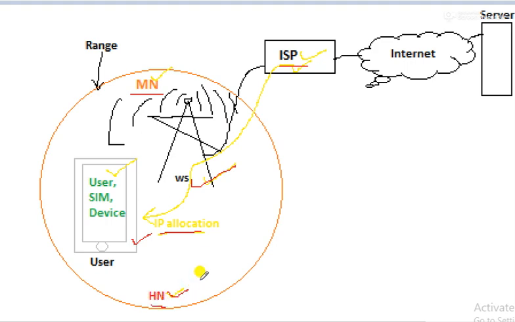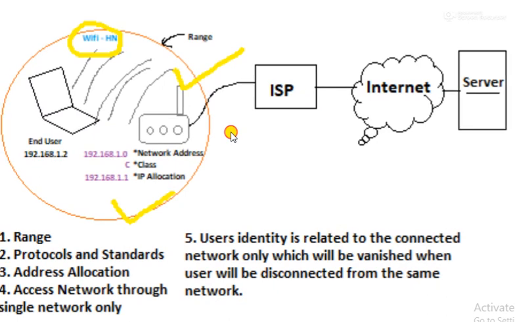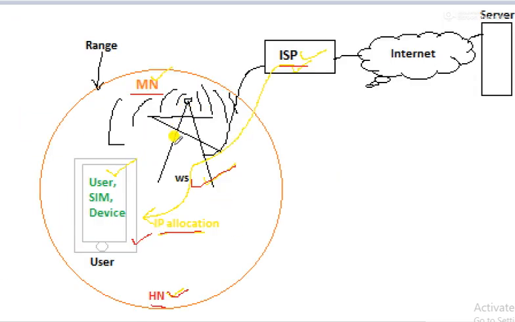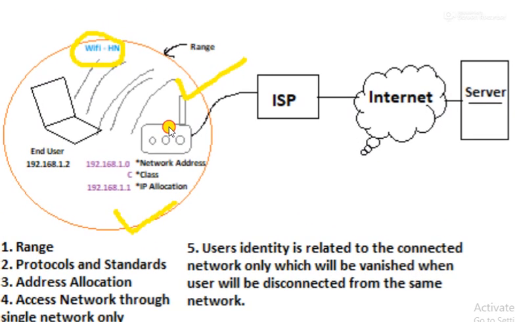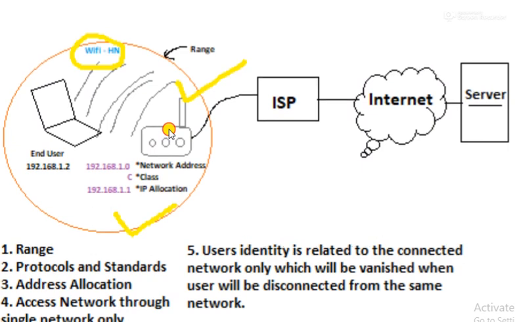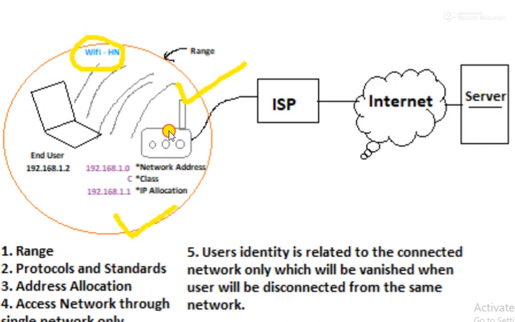If you compare the same thing with the already seen example, this type of mobile network will have a large range. If you consider the stable network or wired network, the range might be say 100 to 200 meters.